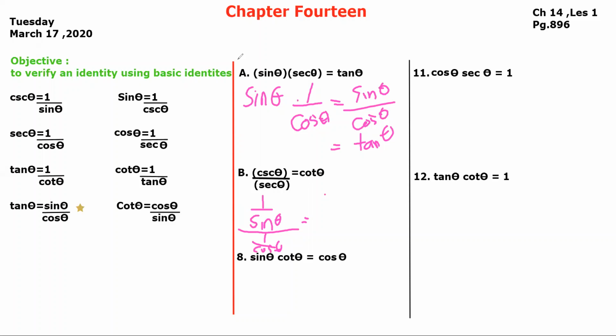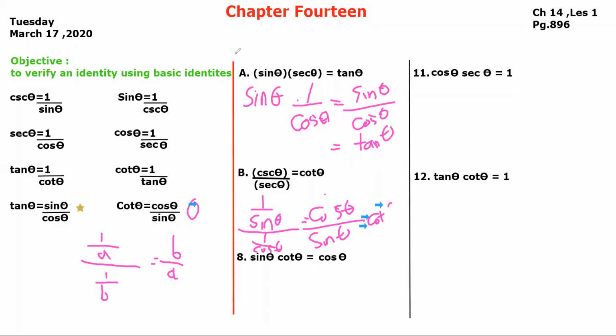Now, we know that if we have 1 over A over 1 over B, it is equal to B over A. So 1 over sine as the numerator and 1 over cosine as the denominator, the answer will be cosine theta over sine theta. Now, cosine over sine is equal to cotan theta, which is what I want to verify.